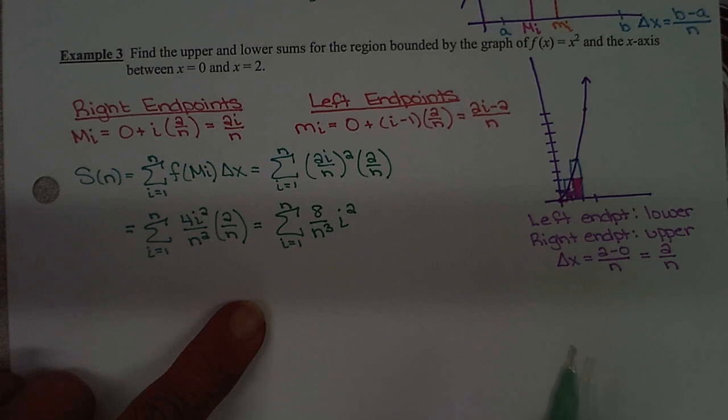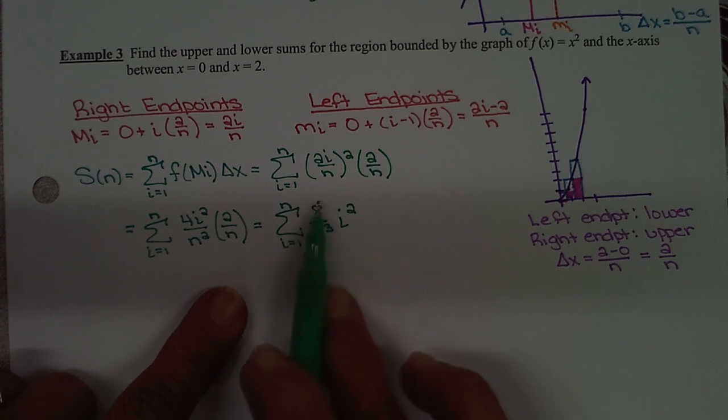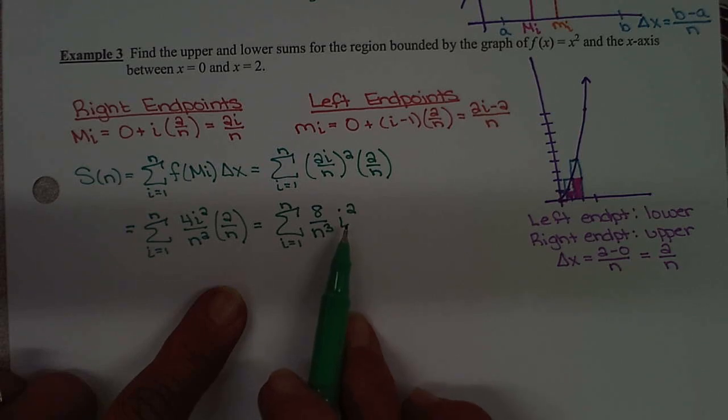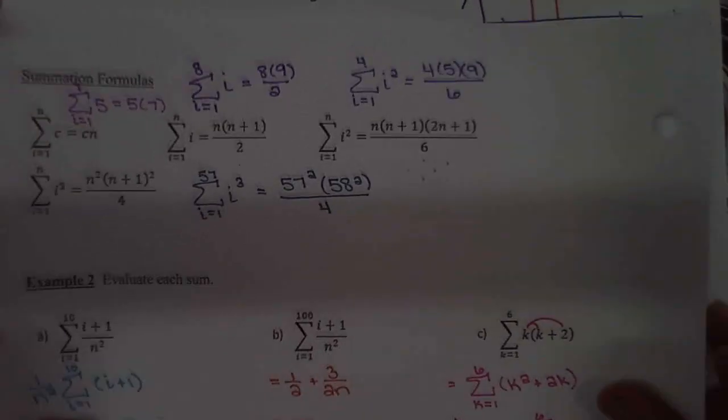Now what I'm going to do is, in one step, go ahead and pull this 8 over n cubed outside of the summation because it's just a constant. And I'm going to take this i squared and make the substitution for it that we had on our formula sheet that last go around, which, if I can find it real quick, here are those different formulas.